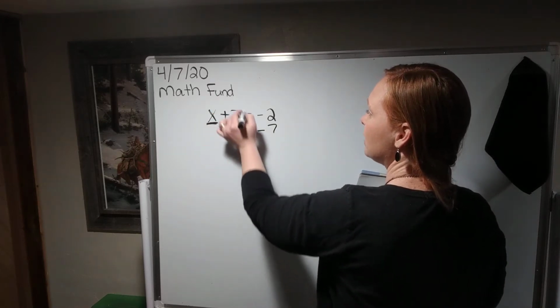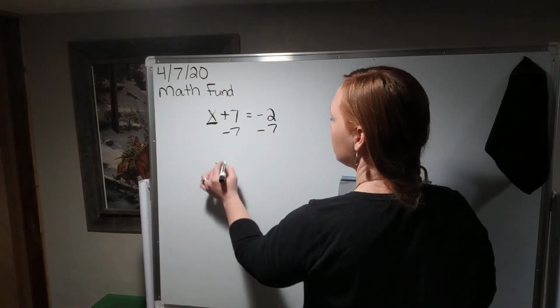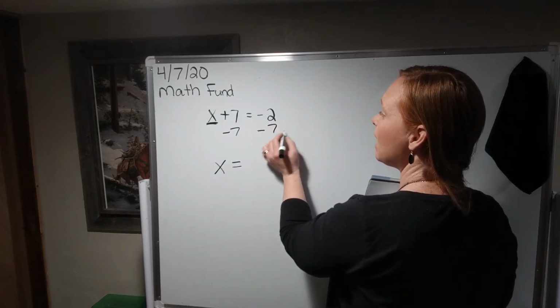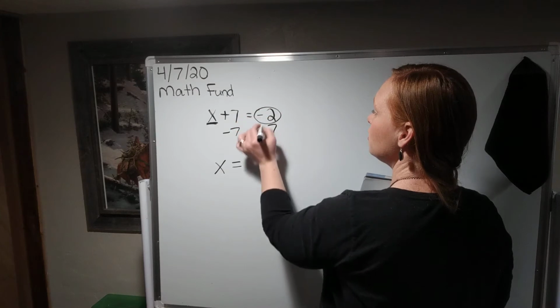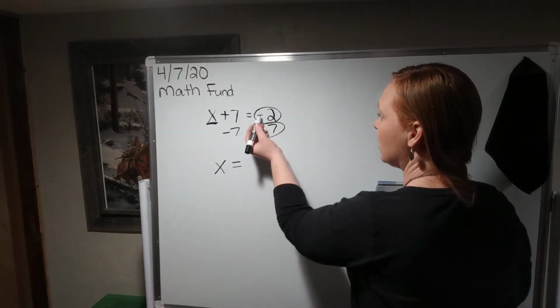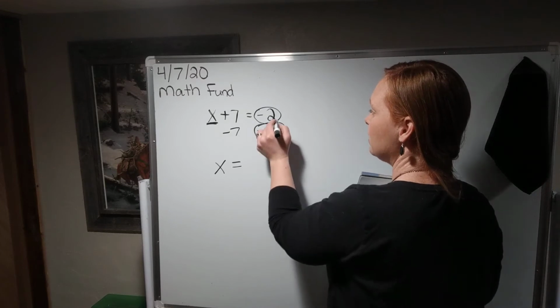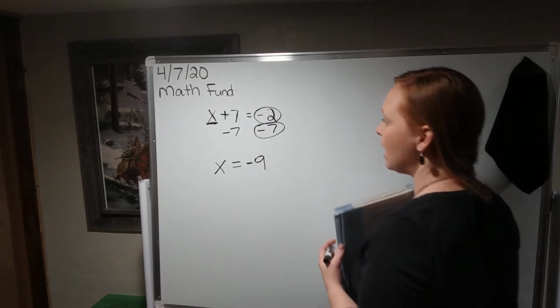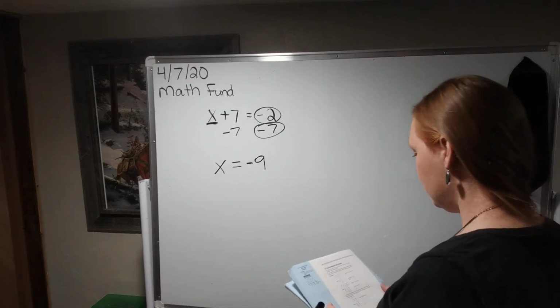Positive 7 and negative 7 equal 0. So x equals, now I need to combine a negative 2 and a negative 7. So if the signs are the same, then I'm adding the numbers, 9, and they keep the sign. So x equals negative 9.